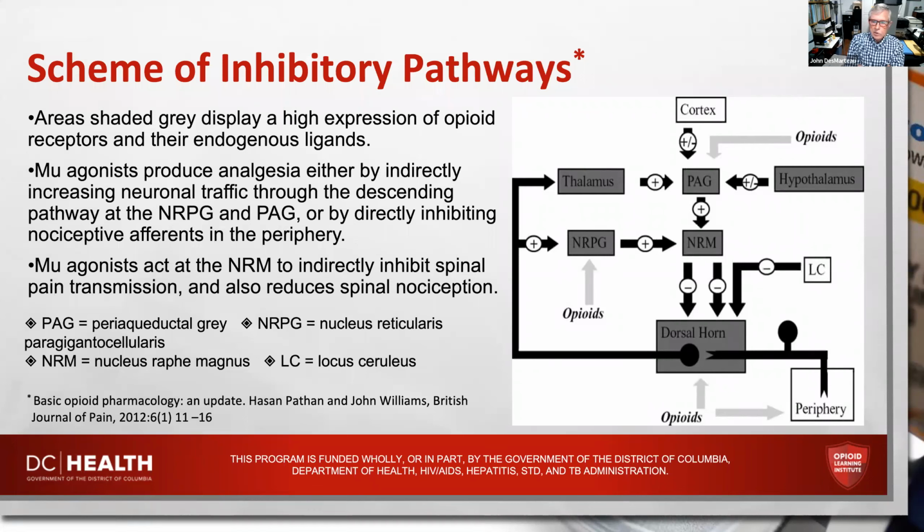In some parts of the central nervous system, the stimulation of the mu receptor leads to activation. In other parts, it leads to inhibition. And it's the balance of all of these things, when you put them all together, that leads to the end effect.